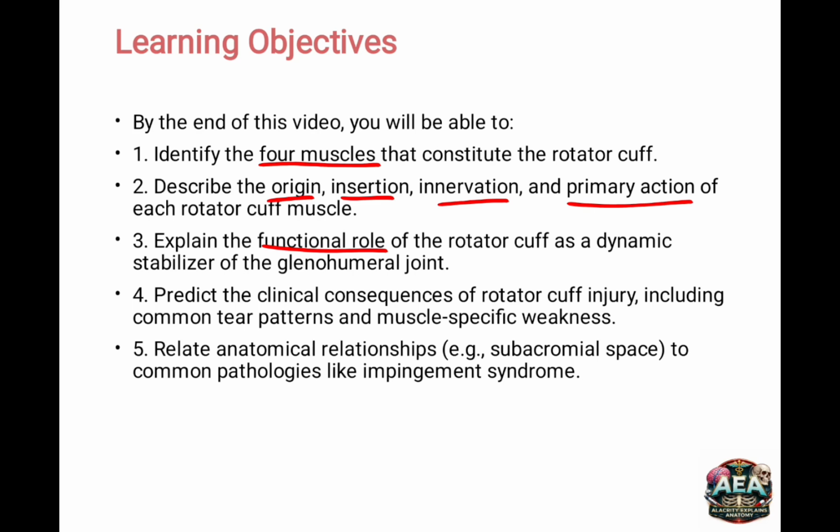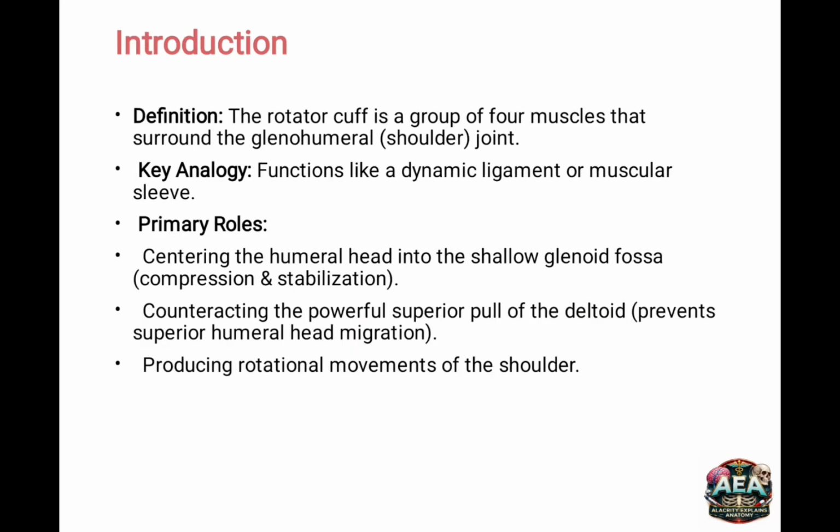You will be able to predict the clinical consequences of rotator cuff injury, including common tear patterns and muscle-specific weakness. Also, you'll be able to relate the anatomical relationships, the subacromial space, to common pathologies like impingement syndrome.